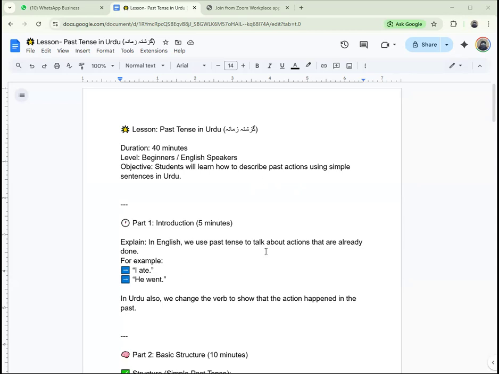We use past tense to talk about actions that are already done. As in English, we use past tense in Urdu for actions that happened in the past. We have an English example here: I ate, he went.